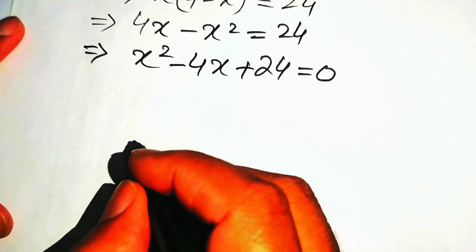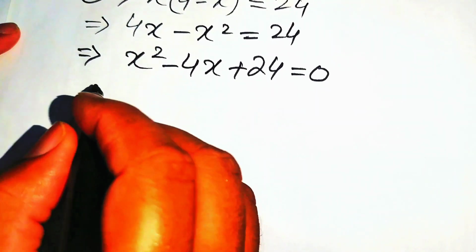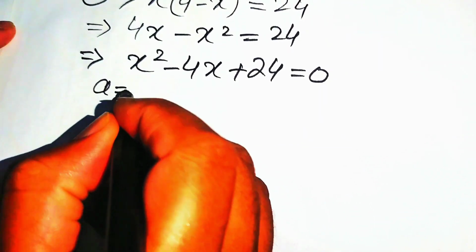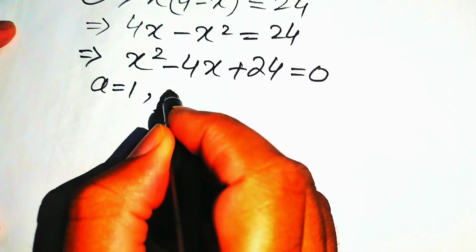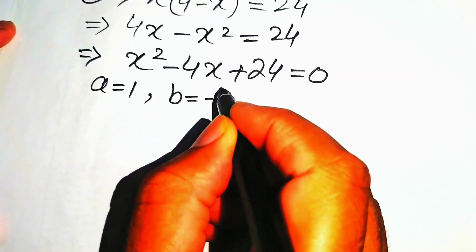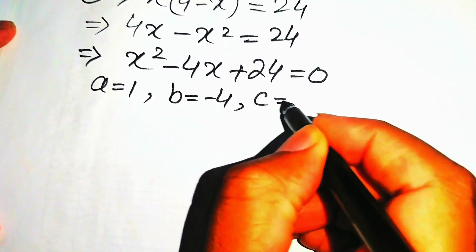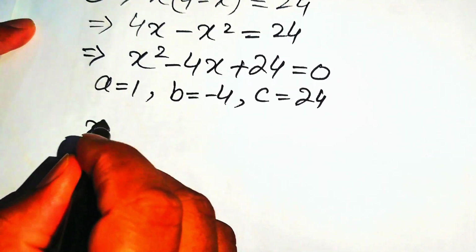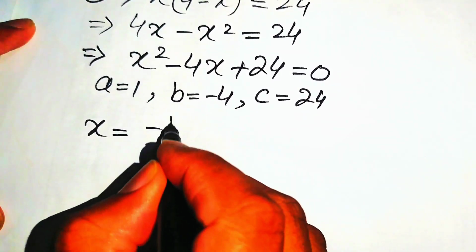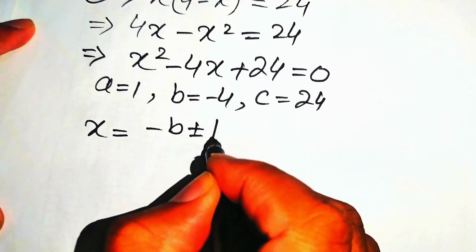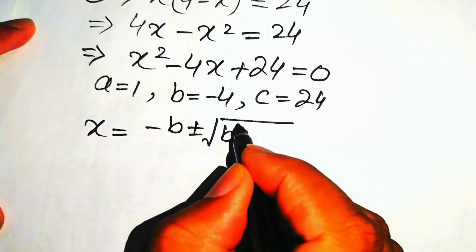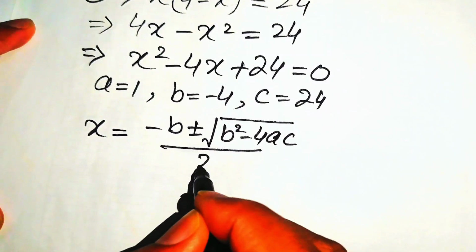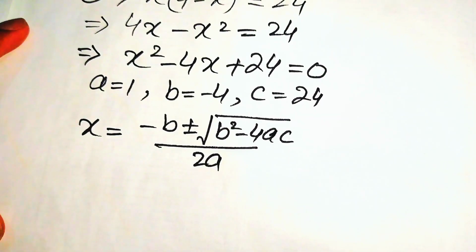Now this equation becomes a quadratic equation in standard form, so we solve this equation by using the quadratic formula. First we write the coefficients of this equation: a equals 1, b equals minus 4 and c equals 24. We know the quadratic formula is x equals minus b plus minus square root of b square minus 4ac, divided by 2a.